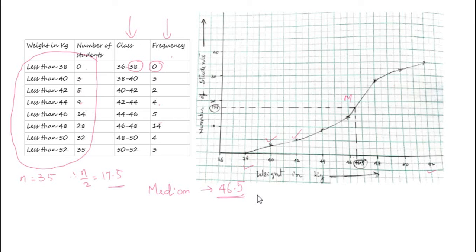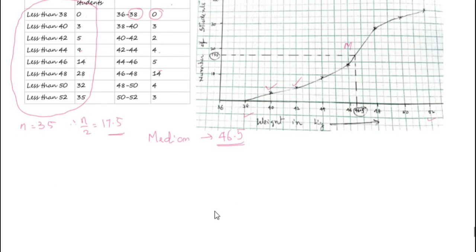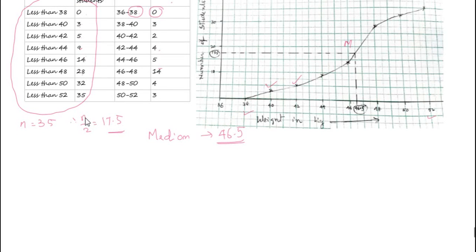But now we have been asked to calculate using the formula. Now n by 2 is 17.5. That is the cumulative frequency that falls here. It is more than 14. This contains up to 28. So 17.5 falls in this row. So 46 to 48 is the median class.